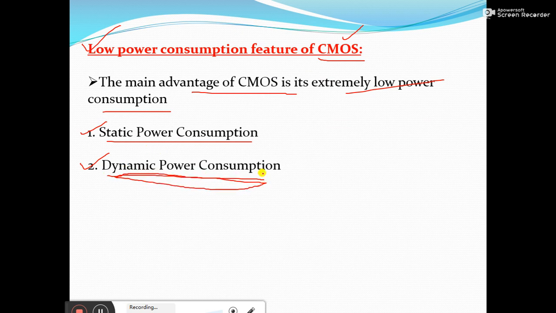Dynamic means changing. Whenever the value is getting switched from 1 to 0 or 0 to 1.